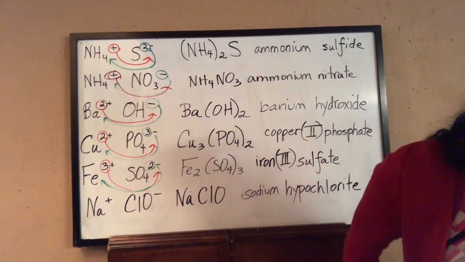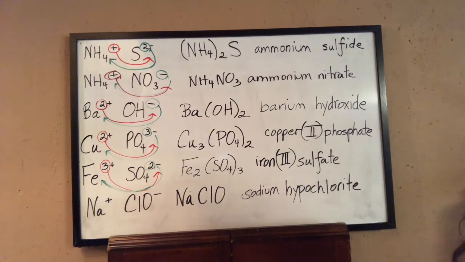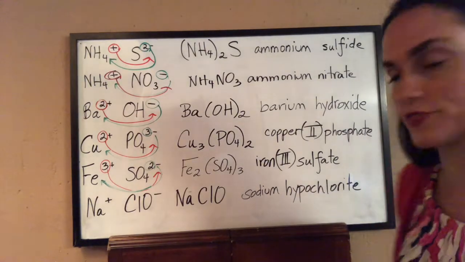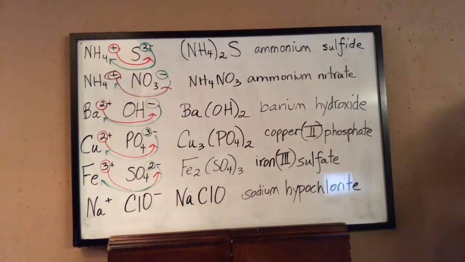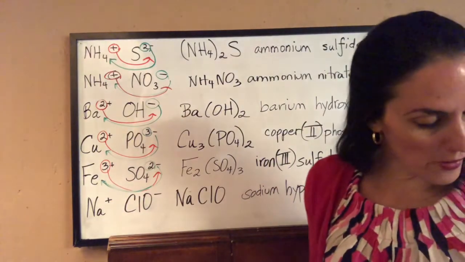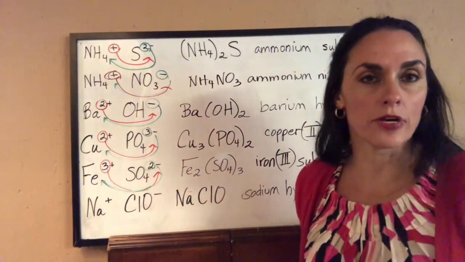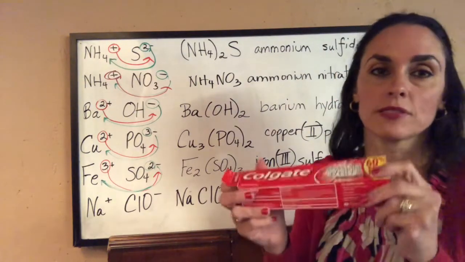In the textbook, throughout chapter 6, they give pictures and examples on the side of different ionic compounds. In a lab that I had developed also, I tried to incorporate that in there as well. You have so many items in your home that are made with ionic compounds.